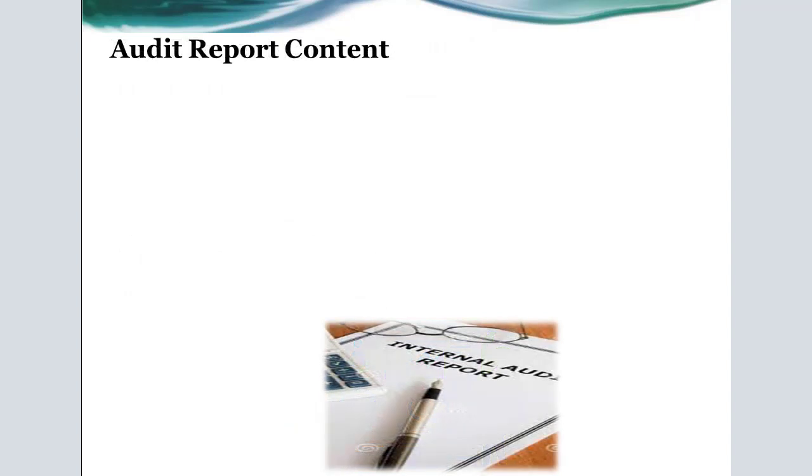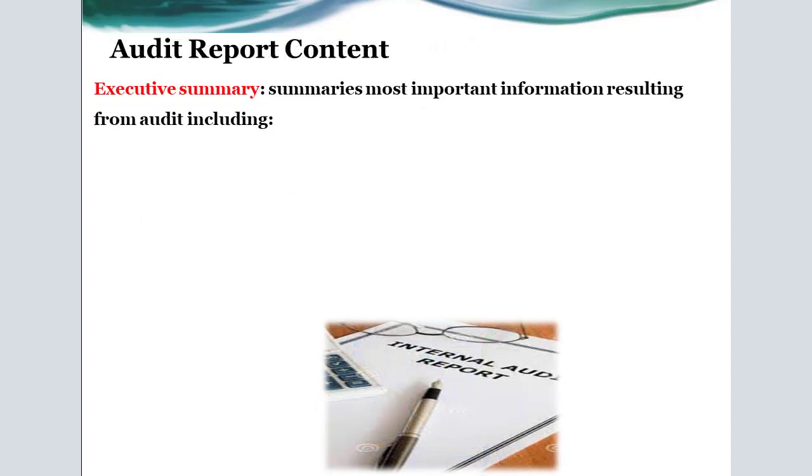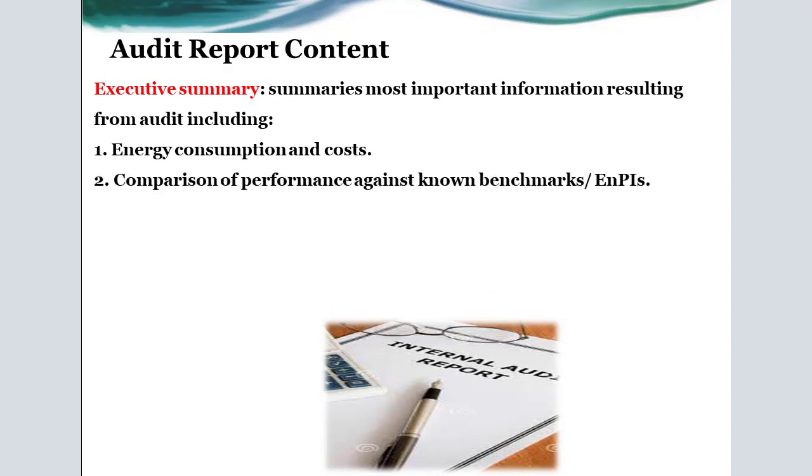The content of the audit report must contain the executive summary. Summaries include the most important information resulting from the audit, which can include energy consumption cost, comparison of performance against known benchmarking or energy performance indicators, and the most significant opportunities for improvement.